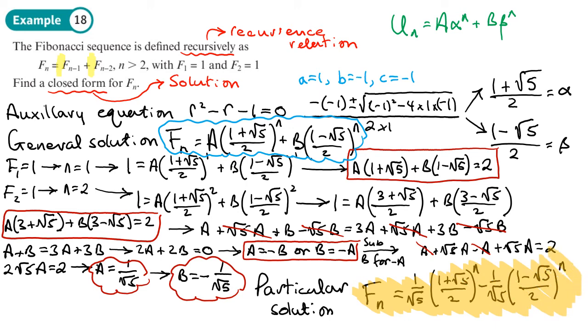Now there's something interesting here, in that this value here, 1 plus root 5 over 2, is the golden ratio. Now you've probably come across that before. If not, search it up and find out what the golden ratio is about.